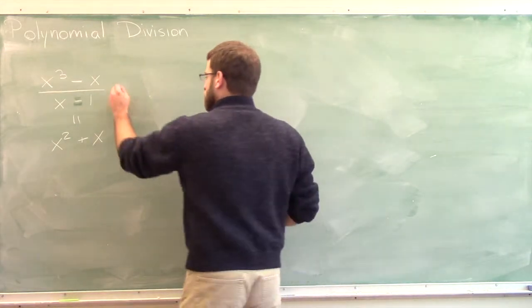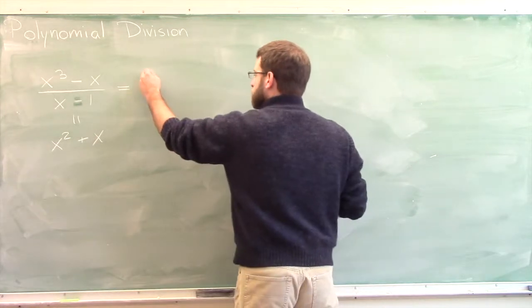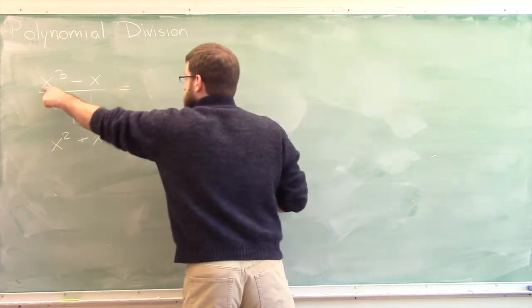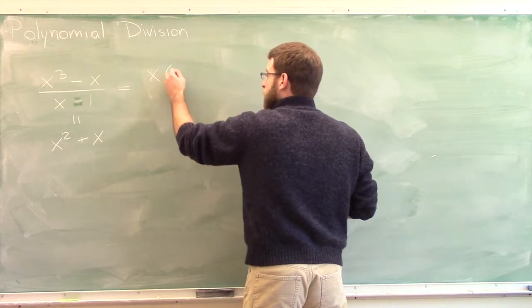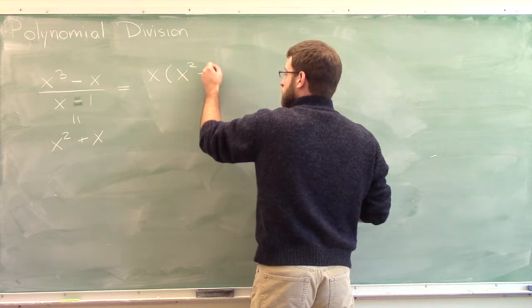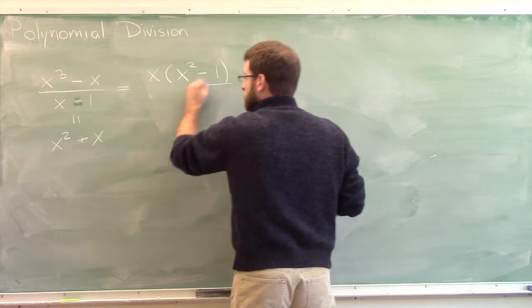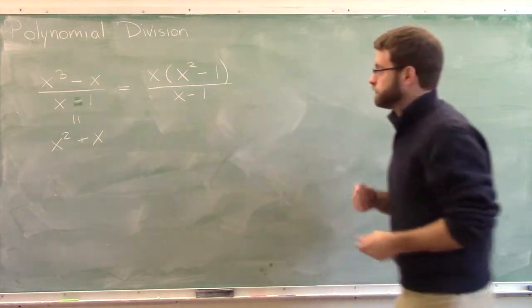So if we factor our numerator, we can first pull out a common factor. Each of these terms has one copy of x in it. So if we factor out that common factor, we get x times x squared minus 1. The divisor is the same.